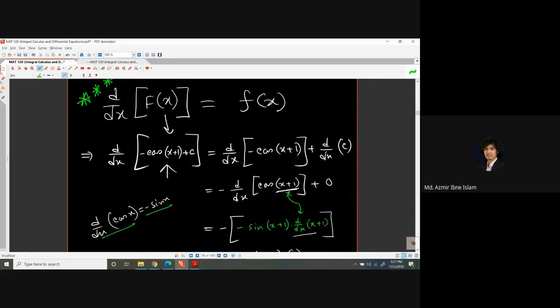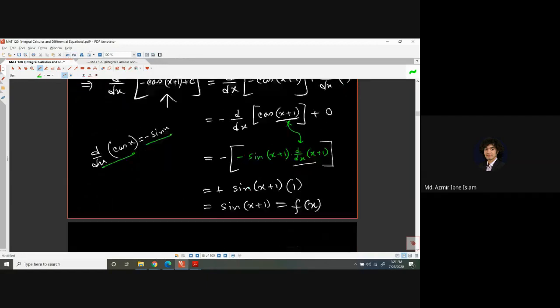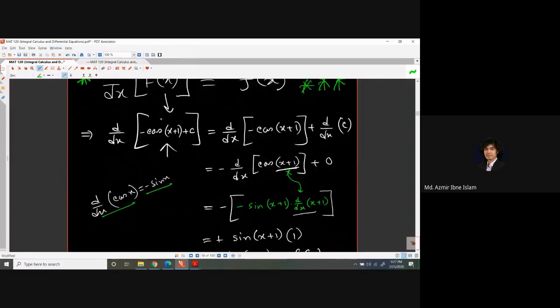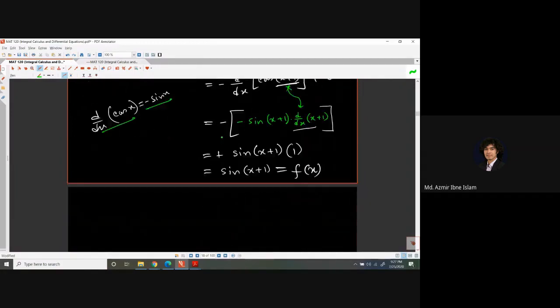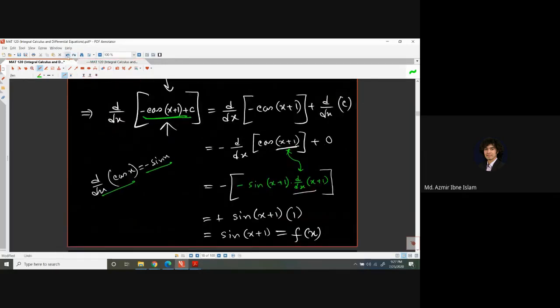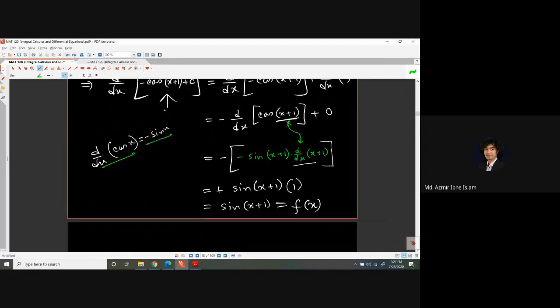You can check this relation, and it must be that the differentiation of the antiderivative will be the main function. We are differentiating the antiderivative and getting the main function back. That's why differentiation and integration are linked up. These are opposite operations.